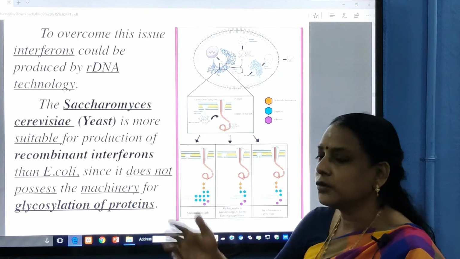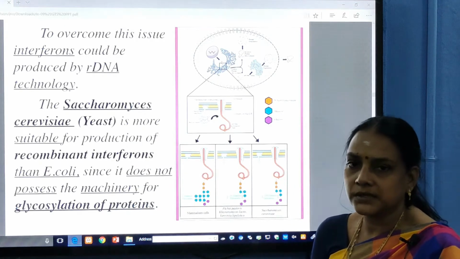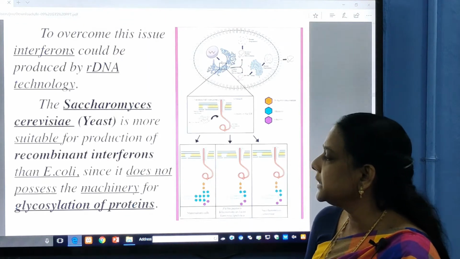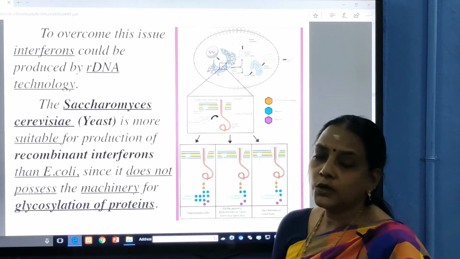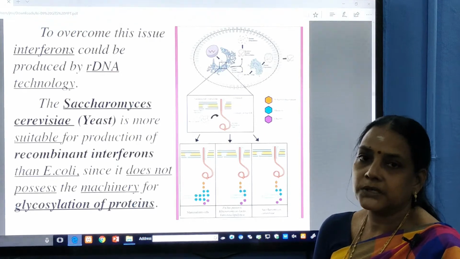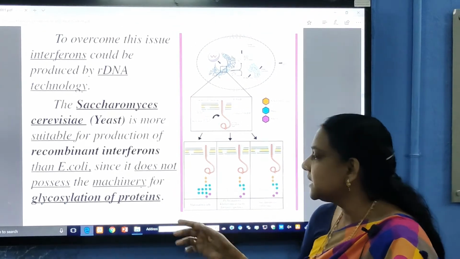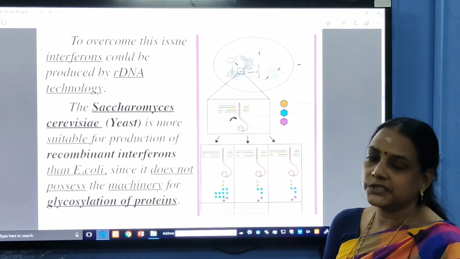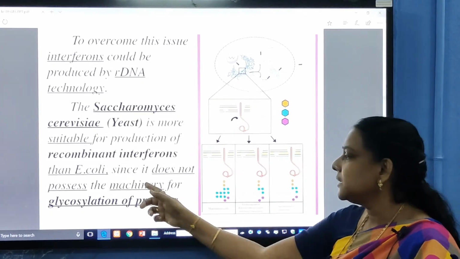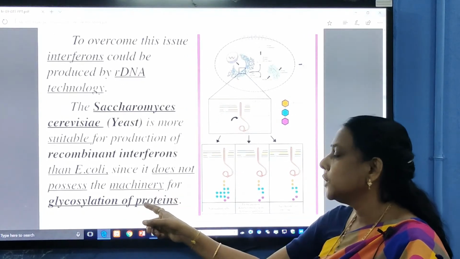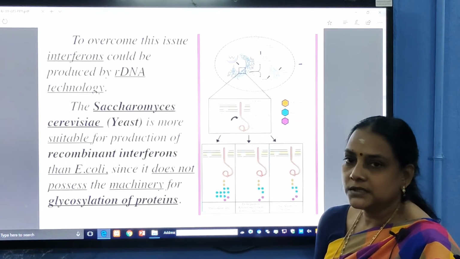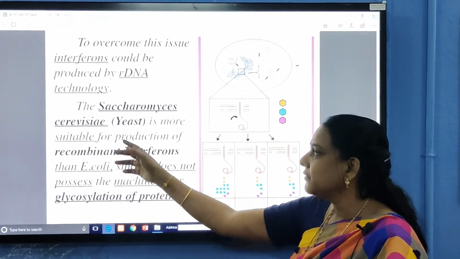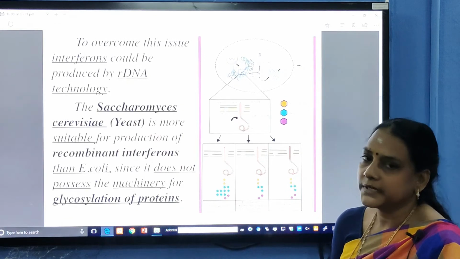But why are we going for the yeast? Because in E. coli you don't find the machinery for glycosylation of proteins, whereas it is very easy in the case of Saccharomyces.